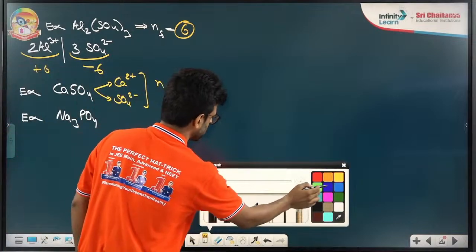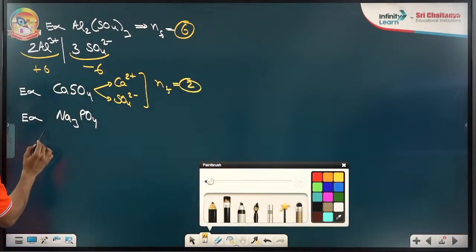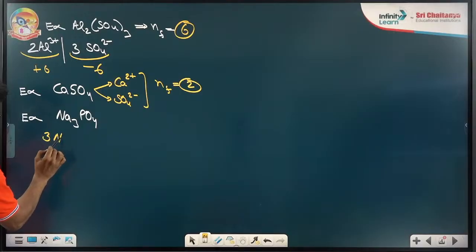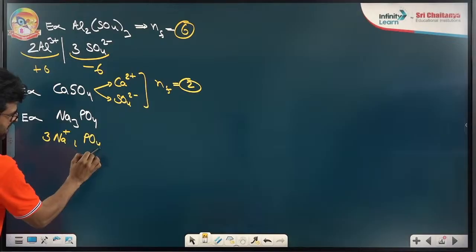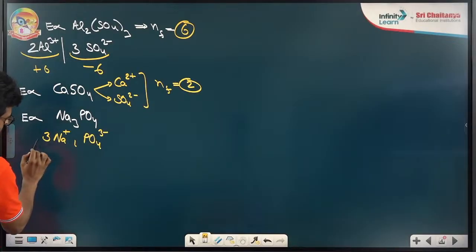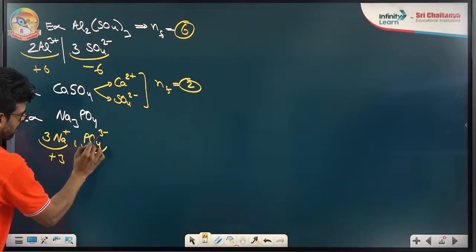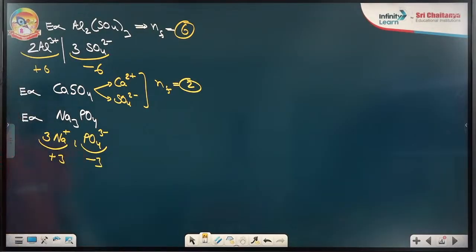Similarly, if you look carefully at Na3PO4, I have 3 sodium ions and 1 phosphate ion. Total cation charge is plus 3 and total anion charge is minus 3.